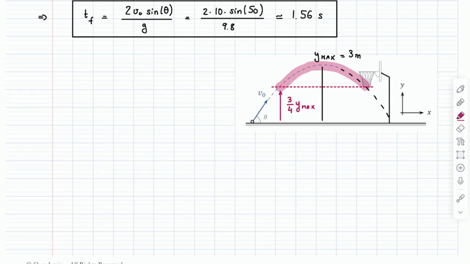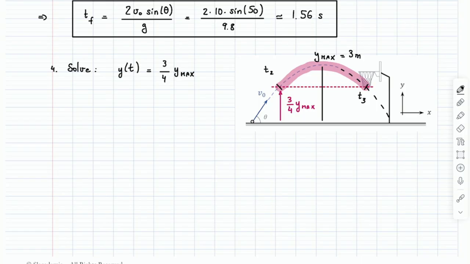Okay. Now we can find that because what it would be is just, if I happen to know the time, let's call it T2 here and T3 here, then all I would have to do is compute T3 minus T2, right? Now how would I find T2 and T3? That's the great question. Okay, now that question is answered by solving y of t is equal to 3/4 of y max.